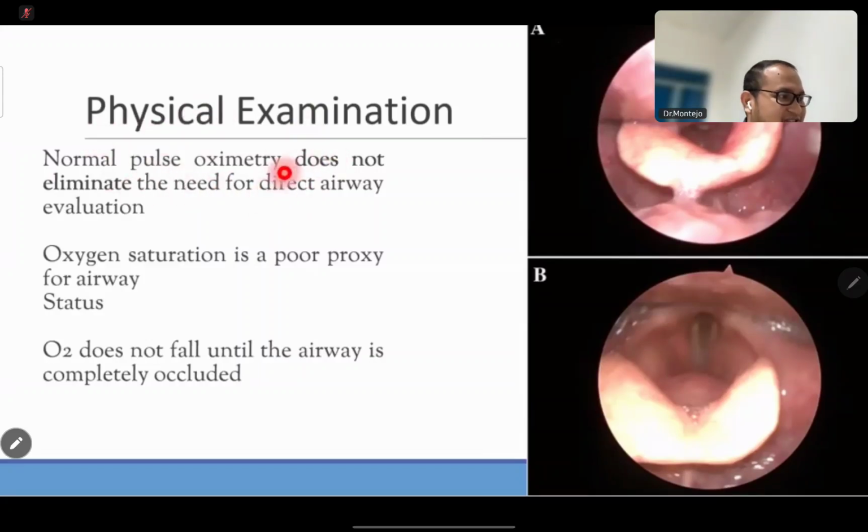Actually, your pulse ox is not part of your vital signs. Don't rely on it even if it's 99, because oxygen saturation is a poor indicator of airway status. Even if there is 80% blockage, O2 would still be normal. So don't be confident in your pulse ox.